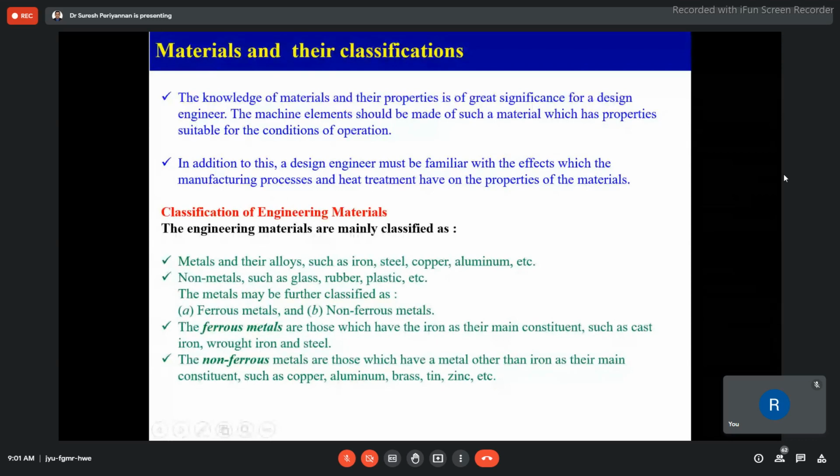And rubber and plastic are another group of non-metals. And the metals we can classify broadly as ferrous and non-ferrous metals. In the ferrous metal category, we have wrought iron and steel. These are non-ferrous metals: aluminum, brass, zinc, etc.